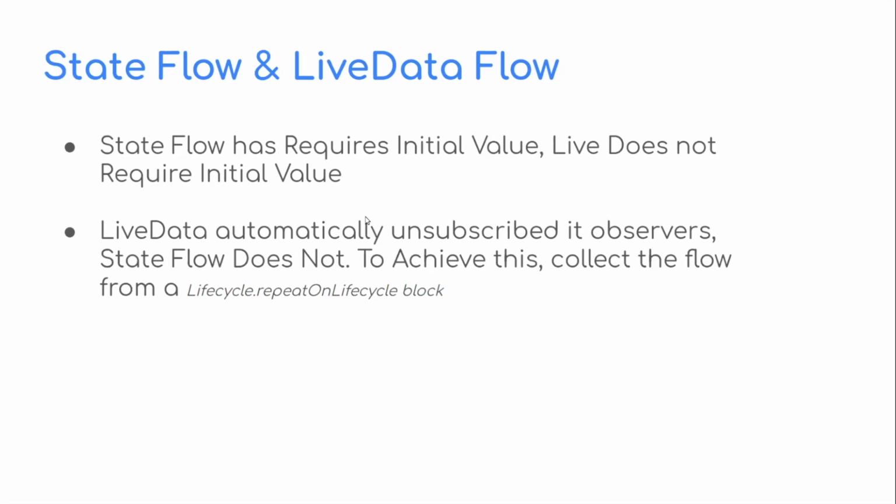So with LiveData, we give it a lifecycle owner. When that lifecycle is destroyed, LiveData automatically stops the emission of data. But with state flow, it does not. State flow will remain there and just observe you.